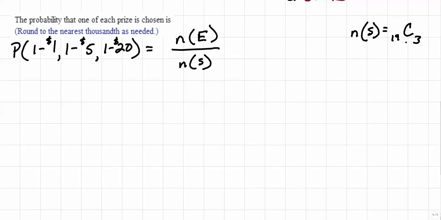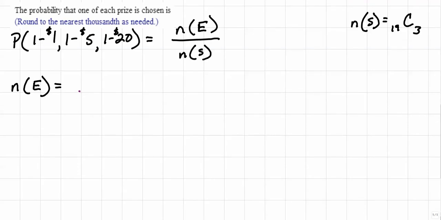So now let's understand what n of e is. N of e is going to be equal to the fact that I have 10 $1 prizes, and I'm going to choose one of those $1 prizes.